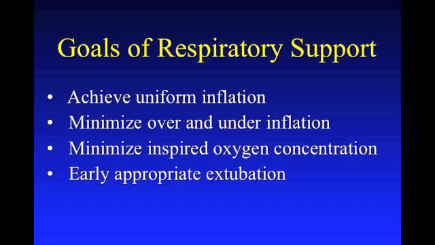So we want to minimize over and underinflation. Remember that overinflation is not good for you, but atelectatrauma, underinflation, is equally bad for you, and in some cases may be worse. So we also want to minimize the amount of oxygen we use because oxygen is toxic to the lung, and we want to get off the ventilator as fast as possible.